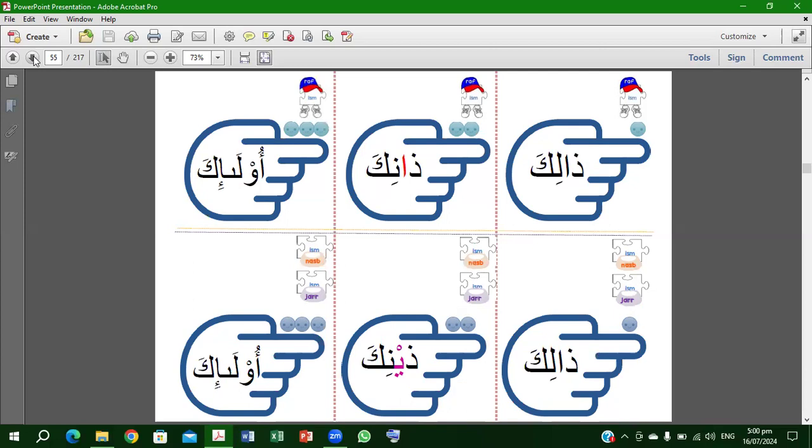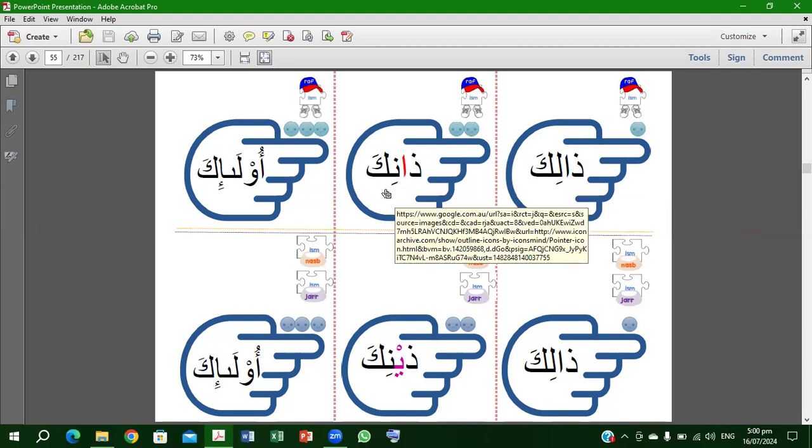Okay, so those were the pointers for near things. Now the pointer is for far things. When the thing is far, you say those or that. For far things, the pointers are different. Dhalika is for that one masculine thing or boy, or any masculine thing or personality. Dhalika, it's for far, he, one person or whatever.